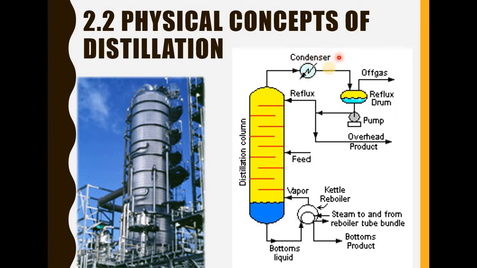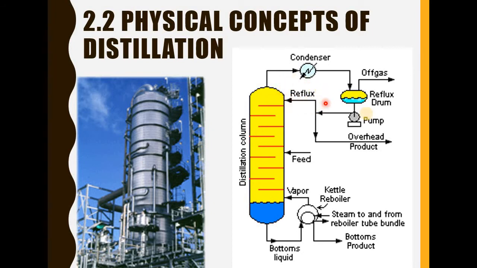When it vaporizes as a gas, it will be condensed and turned into liquid. The liquid we either collect as an overhead product, or we recycle inside the column, which we call reflux.